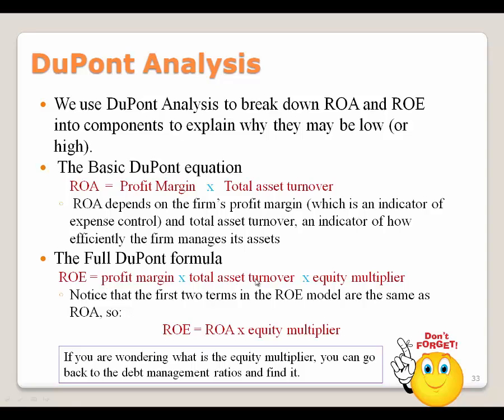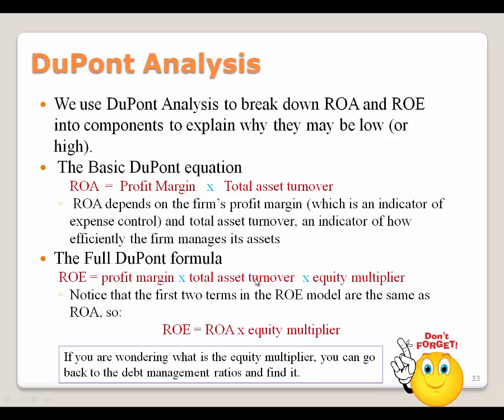For the DuPont analysis, let's first look at the basic DuPont equation, which says ROA equals profit margin multiplied by total asset turnover. Now, where is that coming from? It's actually pretty simple mathematically. If you write down the ratio for profit margin, it's net income divided by sales.